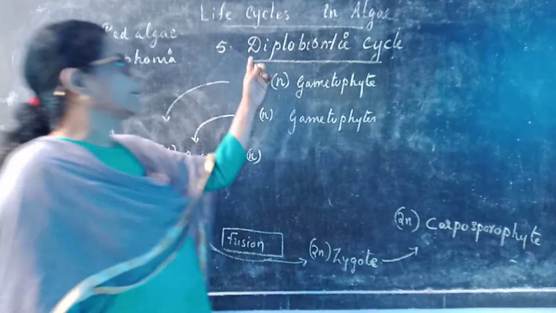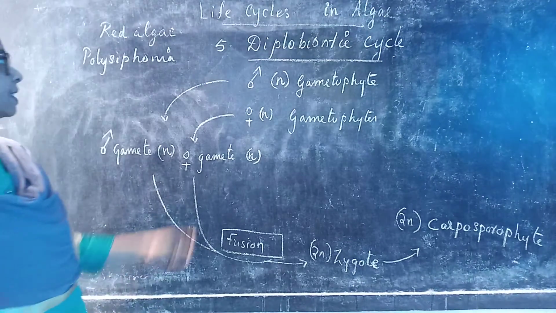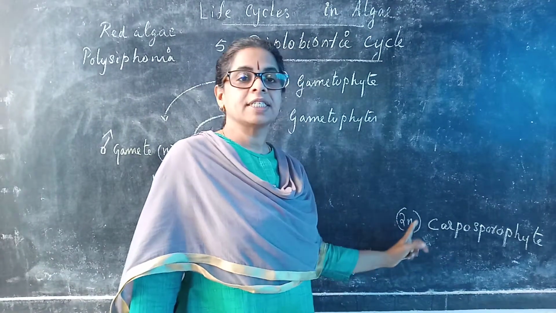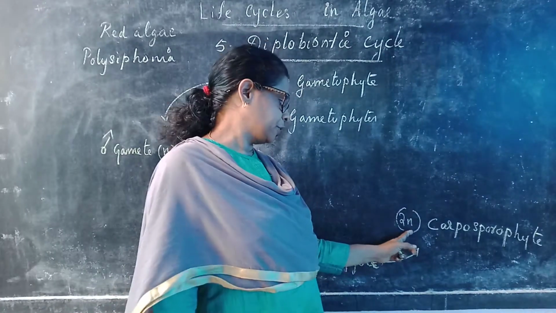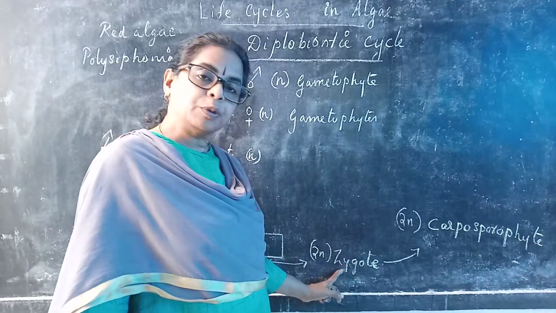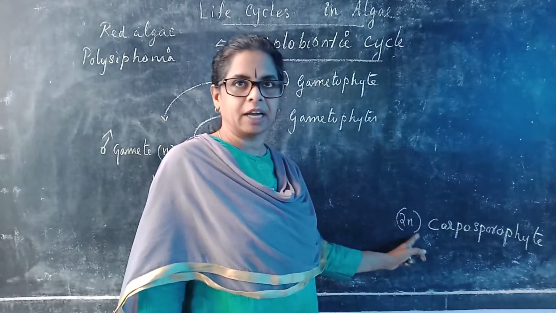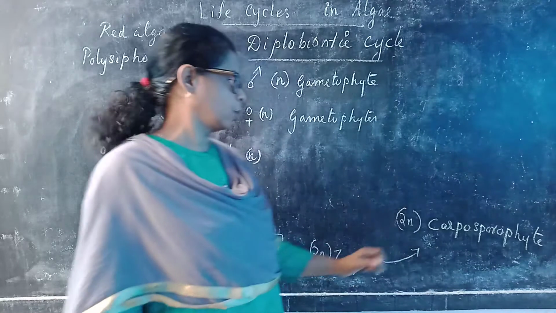Carposporophyte. So in the diplobiontic life cycle of Polysiphonia, the carposporophyte is diploid in genetic constitution because it is produced from the zygote by its direct germination. That means without meiosis. Okay.